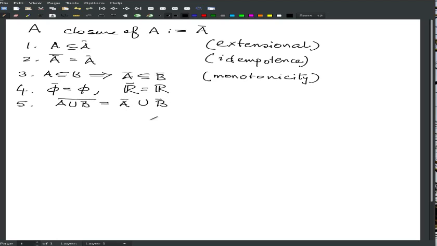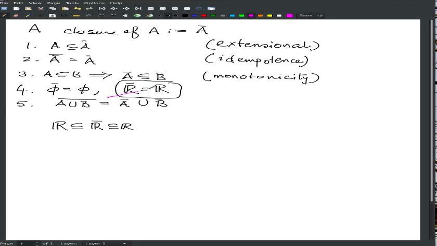Now, somehow from the extensional property we get hold of this, because this is not too much to demand. If we have the extensional one, then you can see that the closure of R would be bigger than R, but closure of R is a subset of R. So this property is not really that important.